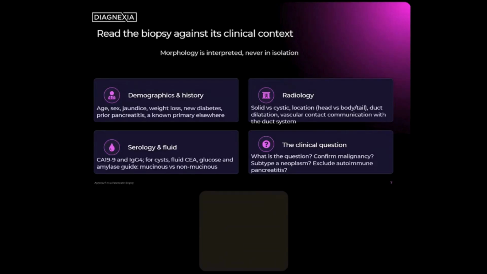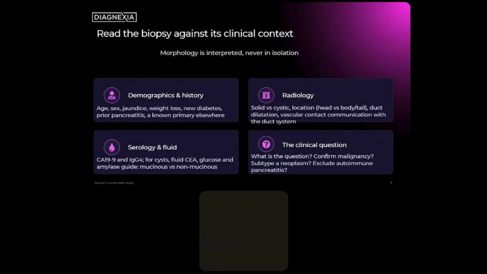Sometimes, if they've analyzed the serology in the fluid, you can have those levels, CA19-9 available, IgG4, again depending on the clinical scenario. They can be very useful in helping you reach a diagnosis. But the most important thing when you are approaching a biopsy of the pancreas is, what is the clinical question?